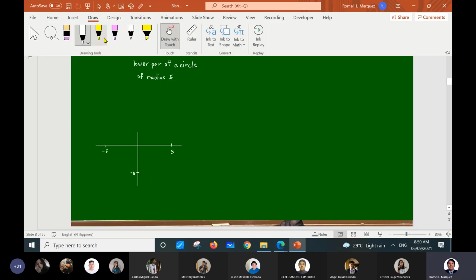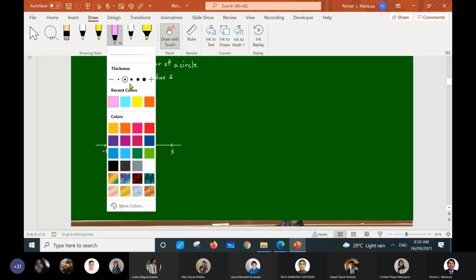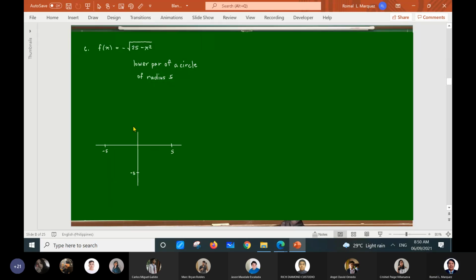So the graph is the lower part of the circle passing through this point. If you can have values: if x is negative 5, we have 0. If x is positive 5, we have 0, the y. If x is 0, 25 minus 0 is 25, square root is 5, so negative 5.